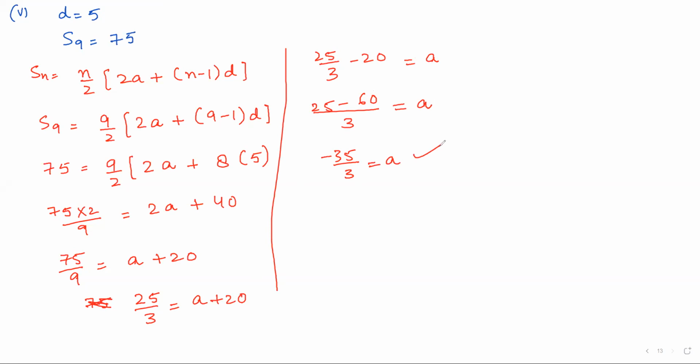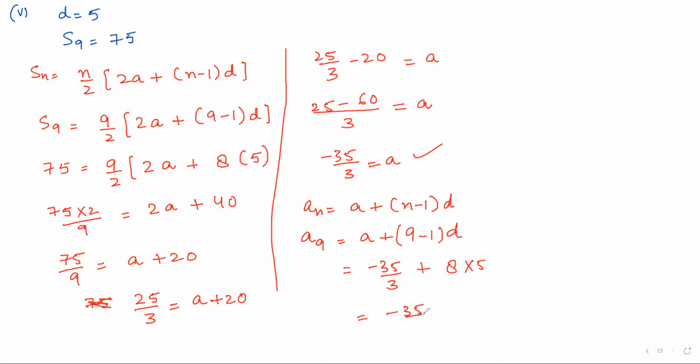And you have to find a and a9. So an is a plus n minus 1 into d. Find a9, a plus 9 minus 1 into d. So put a and d now. So minus 35 divided by 3 plus this is 8 into d is 5. Again minus 35 by 3 and then plus 40.